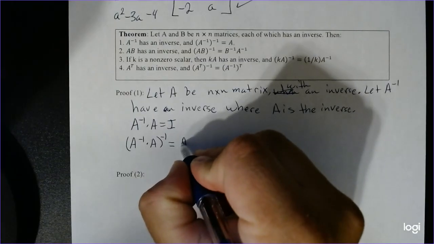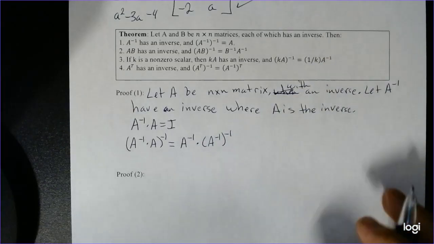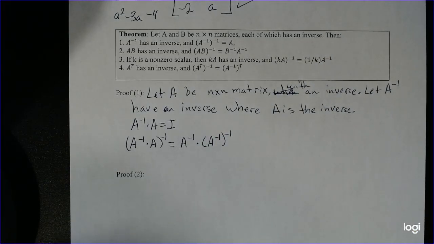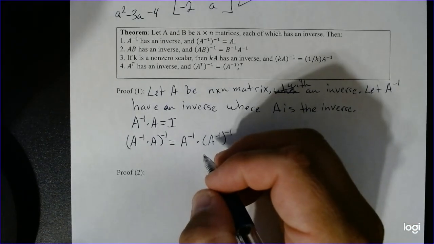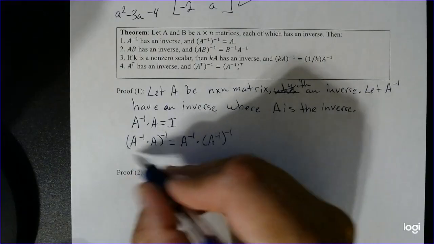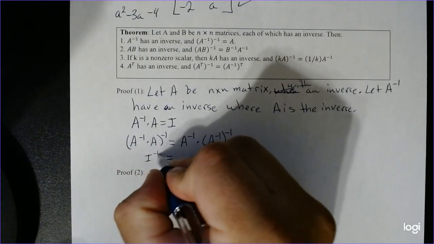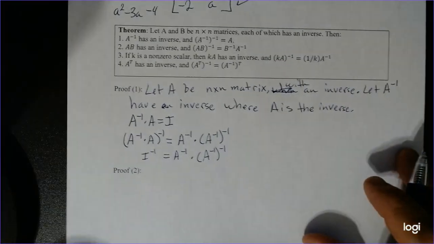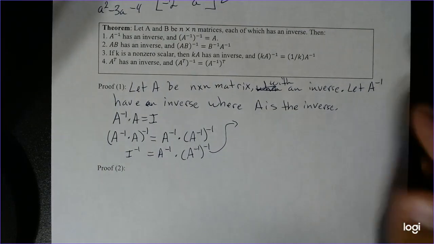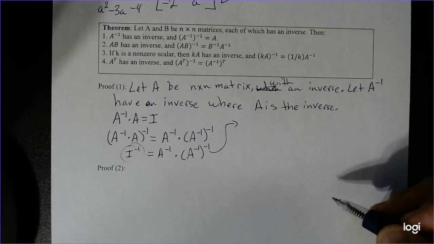So now I'm going to have A inverse times A inverse, to the inverse there. On this side, the middle part is just I by this definition. Now I'm going to multiply, well, let's just start from here. The inverse of the identity matrix is itself.